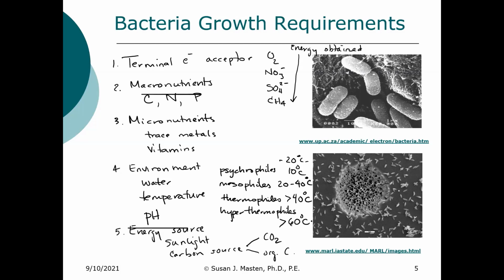We can also talk about organisms in terms of their respiration. And here we talk about aerobes. Those are organisms that require oxygen. We are obligate aerobes. There are bacteria that are obligate aerobes.